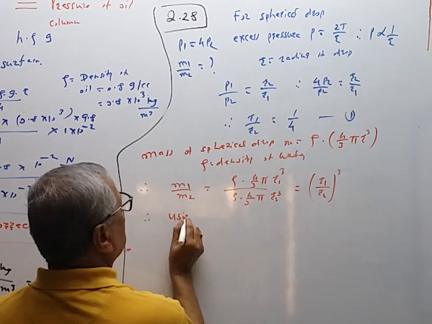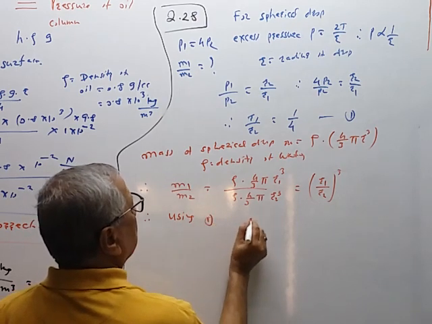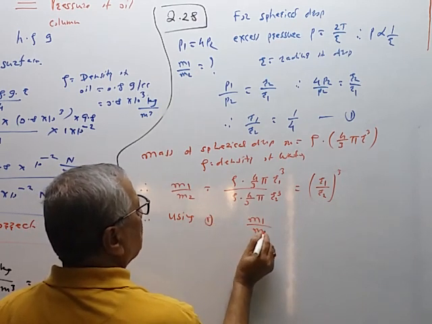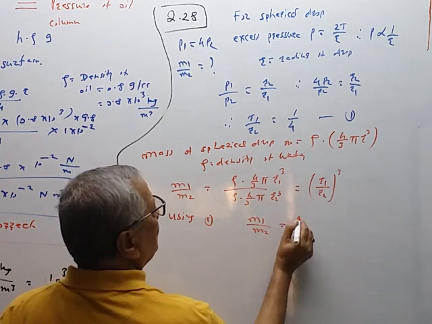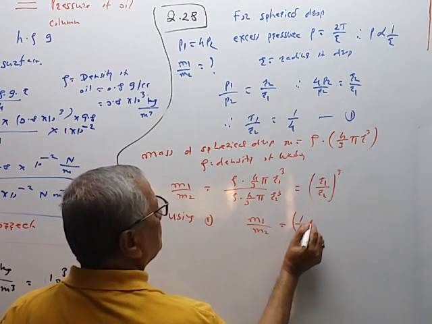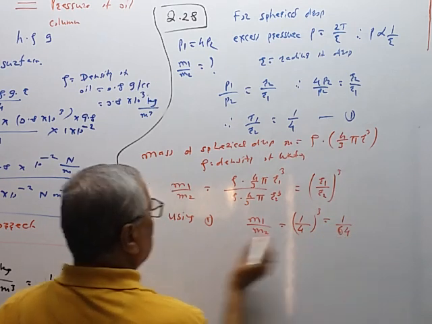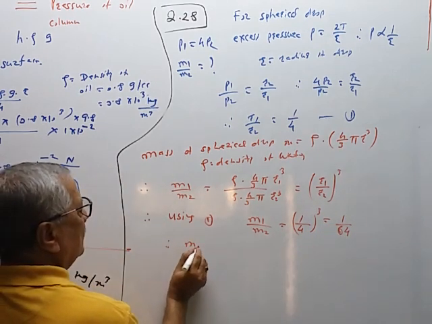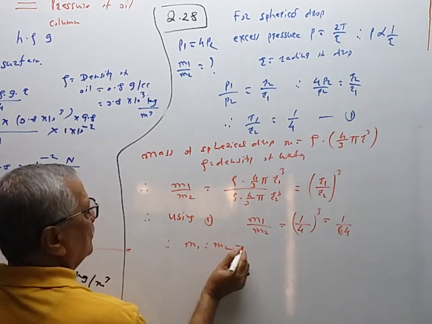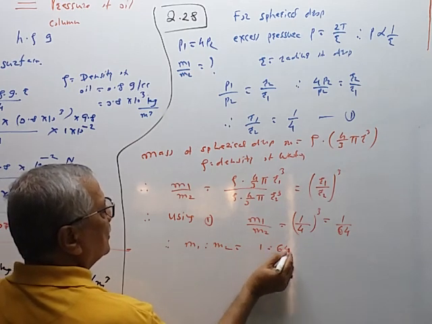Using equation 1, use this value 1 by 4, bracket cube is equal to 1 upon 64, and therefore M1 is to M2 is equal to 1 is to 64.